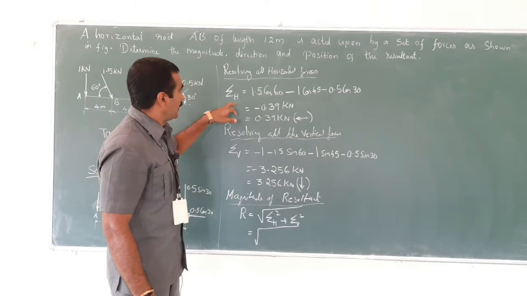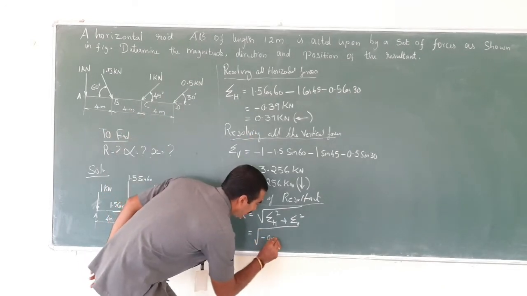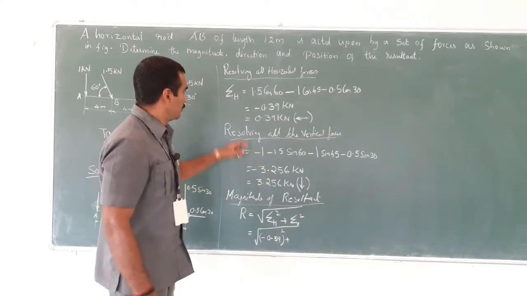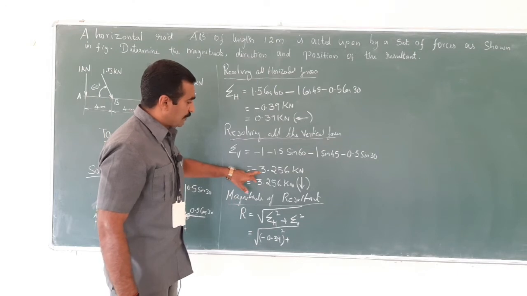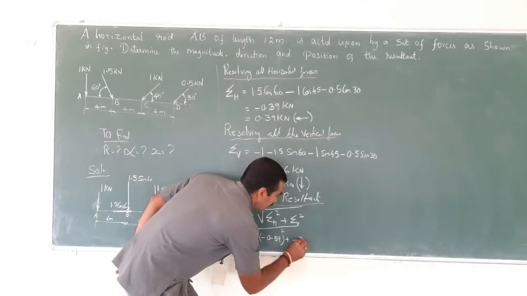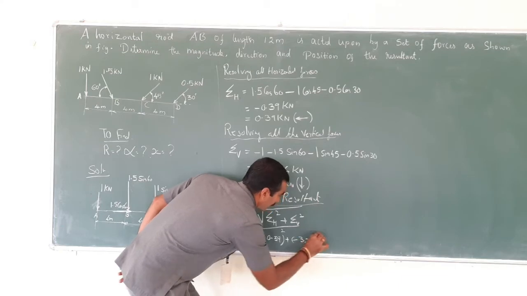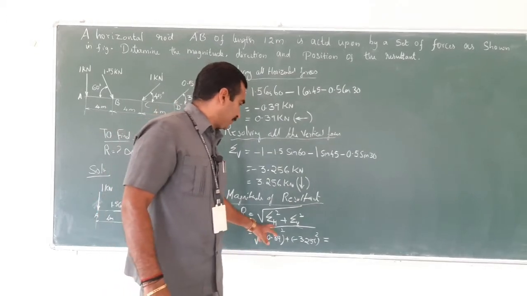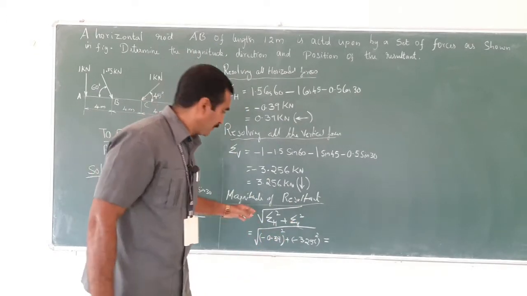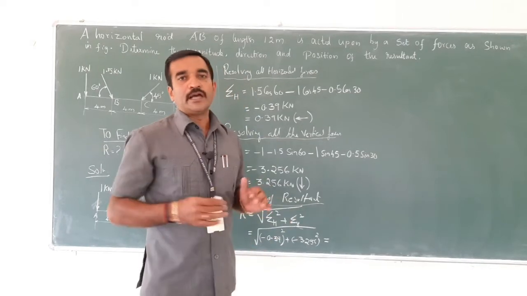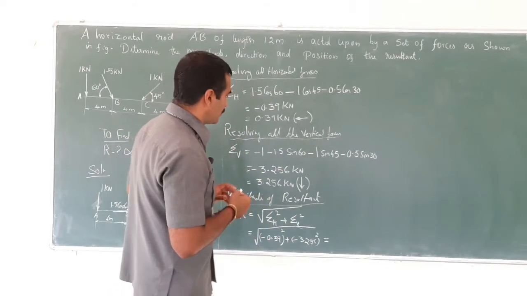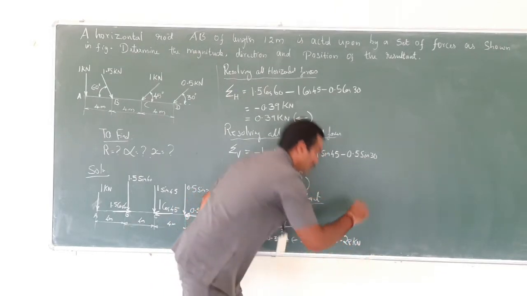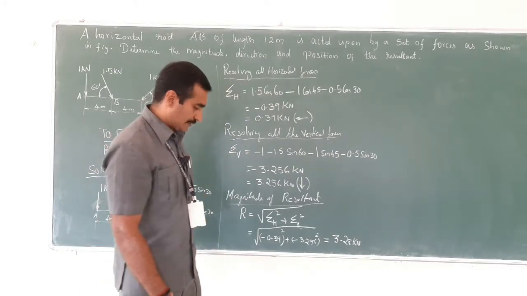Summation H value is minus 0.39, the whole square, plus summation V value is minus 3.256, the whole square. When you feed these values in this formula and use your calculator, you will get the value as 3.28 kilonewton. Right, this is the resultant.